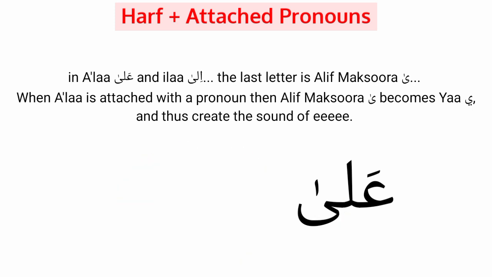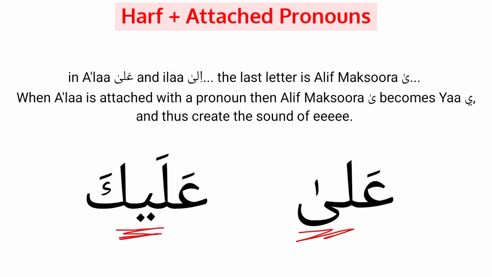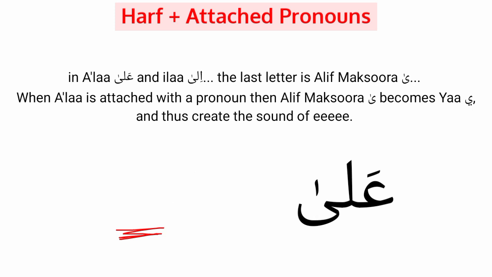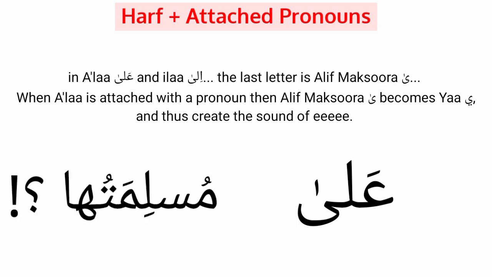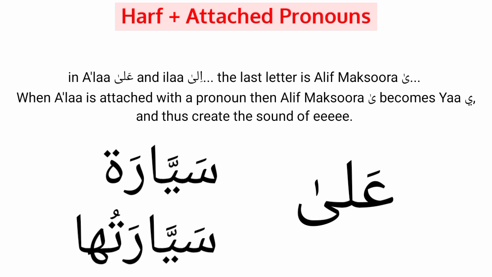So if anything is added after ala, then this Alif Maksoora will turn into a proper ya, because this ya, just like tamarbuta, does not want to be in the middle of a word. Like whenever anything was added after tamarbuta, for example, if you are writing muslimatu, it's not good. Sayyara means car. Sayyaratuha.